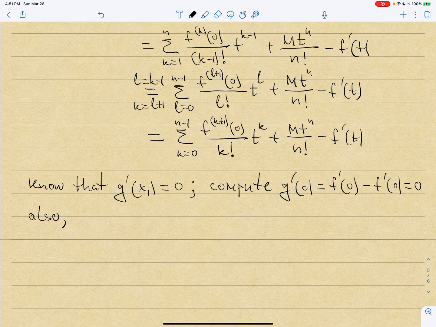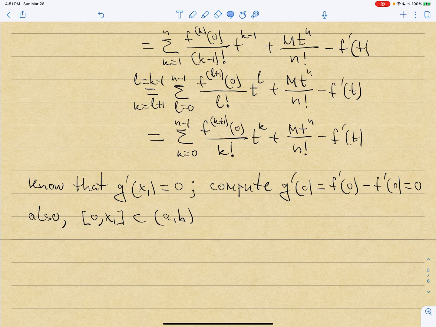So the interval from 0 to x1 is embedded inside the interval from a to b. The function is differentiable n plus 1 times, so that means that the derivative of f is also a differentiable function everywhere on the interval from a to b, therefore it is differentiable on the interval from 0 to x1.